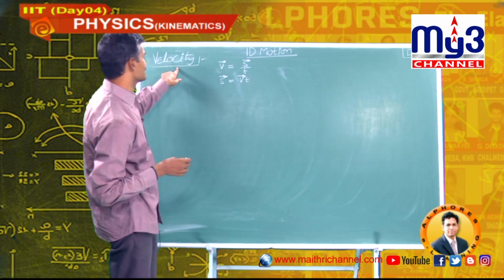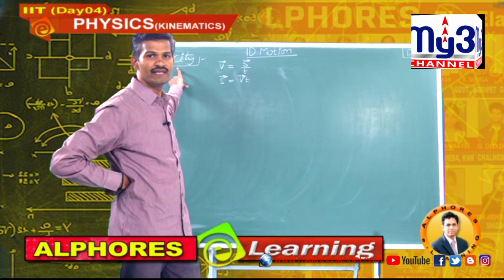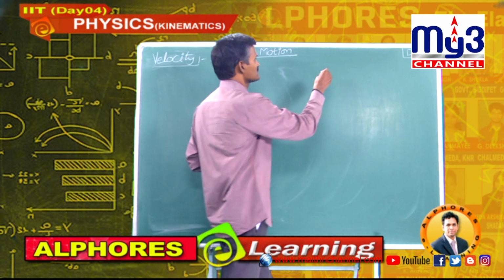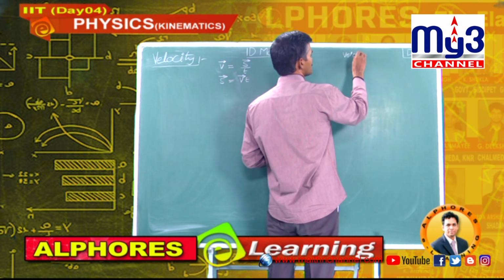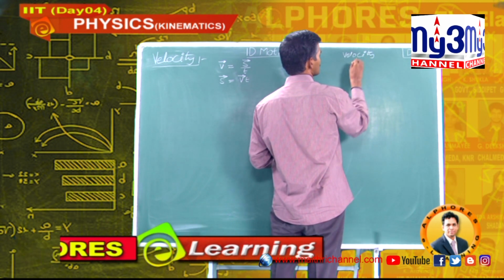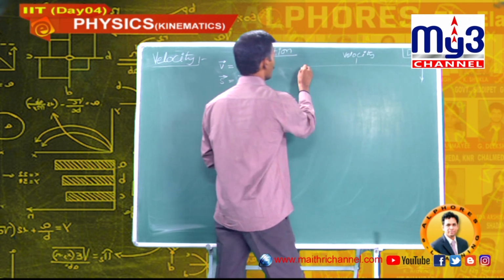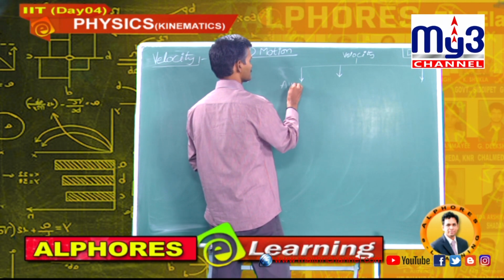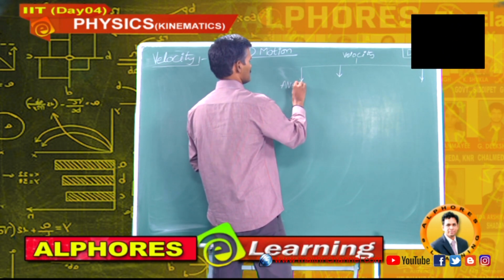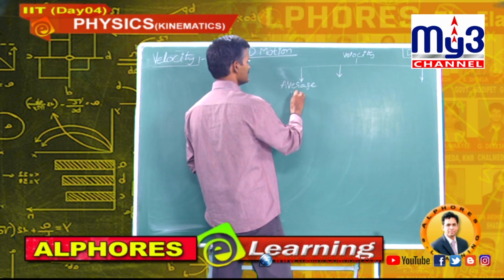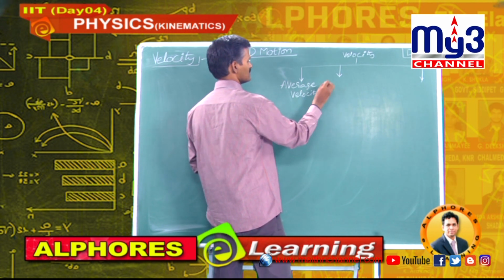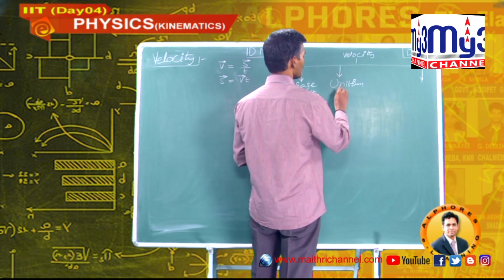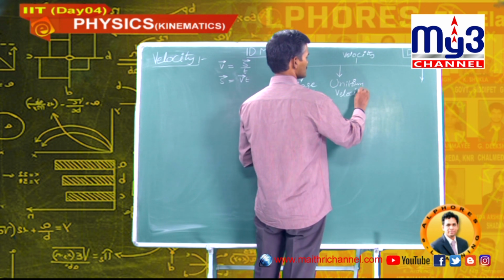Next, to understand velocity, this velocity can be classified into 4 categories. First category, average velocity. Second category, uniform velocity.